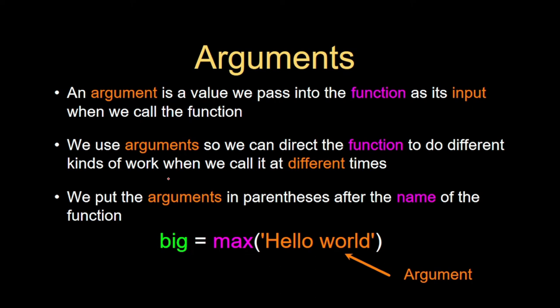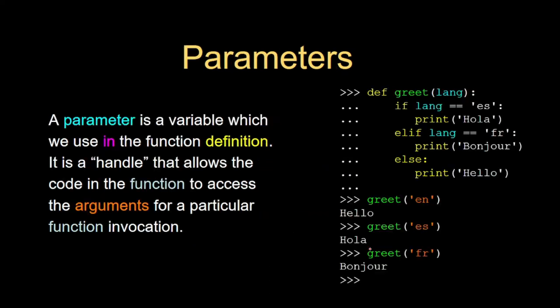We use arguments so we can direct the function to do different kinds of work when we call it at different times. We put the arguments in parentheses after the name of the function, like this: big equal to max of hello world. Inside the parentheses are the arguments. You can pass any number of arguments, one, two, or n, based on your problem.